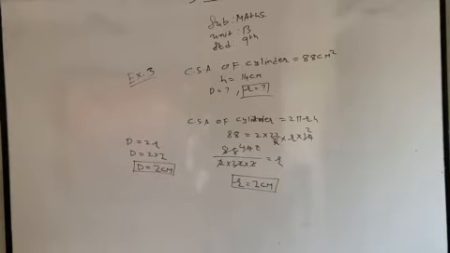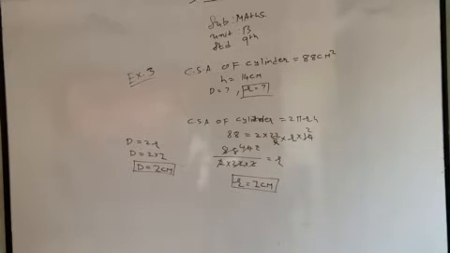Here also use the formula of CSA and find out how much area of sheet is required. This is also a simple example, question number 2, which you need to perform from your homework.